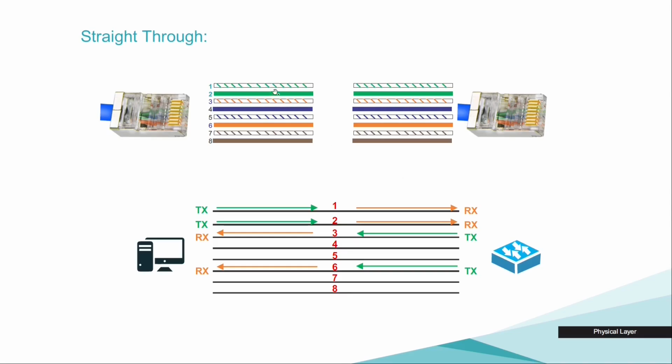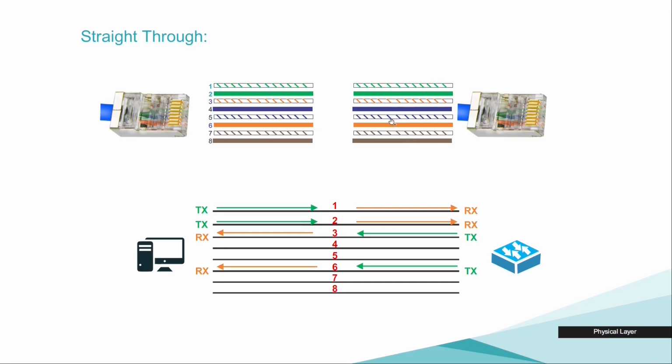So when we use the straight through connection, we connect the first wire at the first end to the first pin at the other end. 2 to 2, 3 to 3, 4 to 4, 5 to 5, 6 to 6, 7 to 7, 8 to 8. So if we are using those colors in order on one side, we have to use the same colors in order also on the other side.